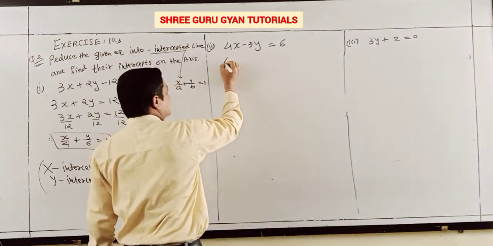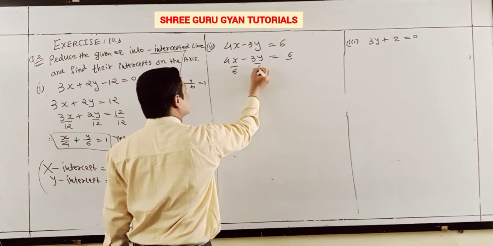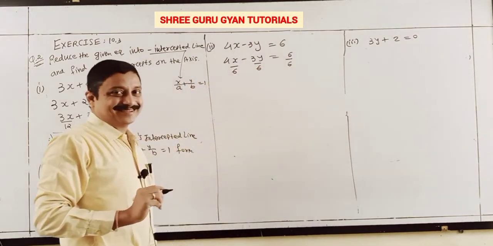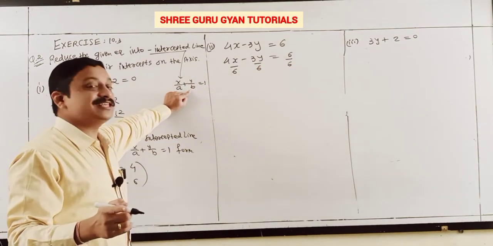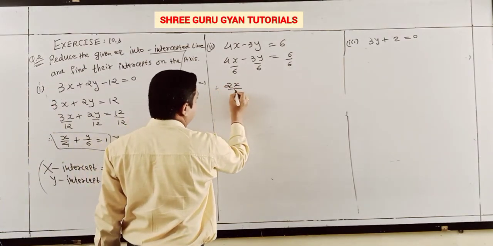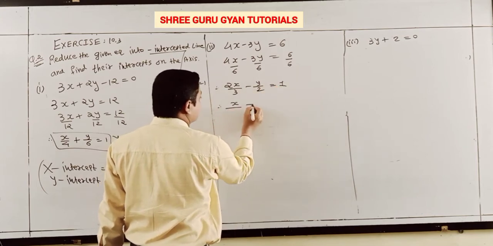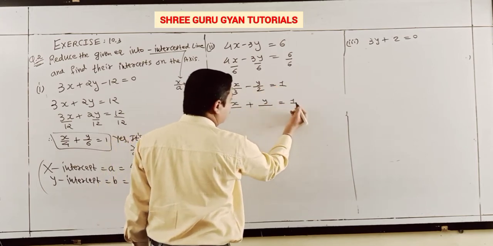Here also students, we divide each term by 6, because I want the right side of this equation to be 1. So 2x by 3, y by 2, equal to 1. Also we can write x, y and 1.